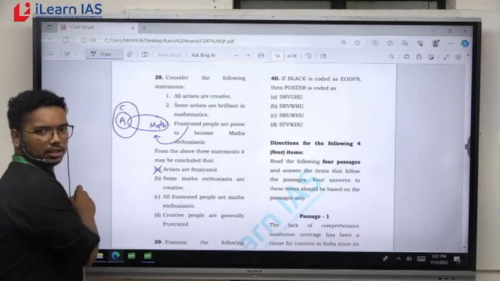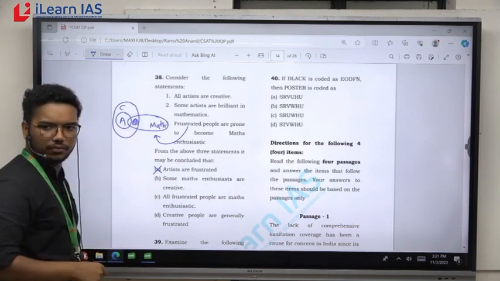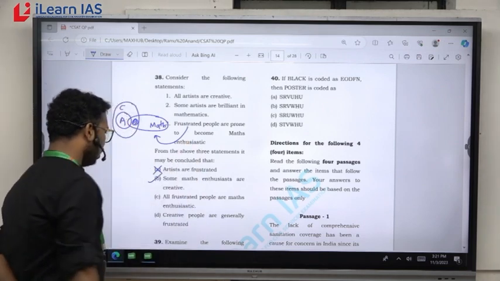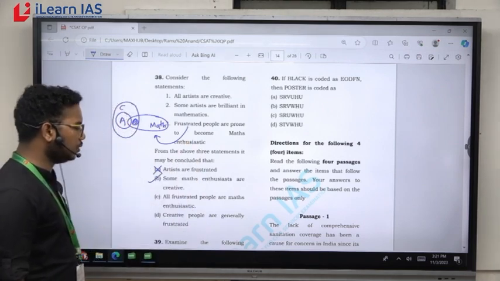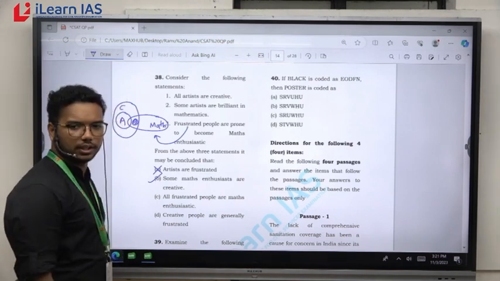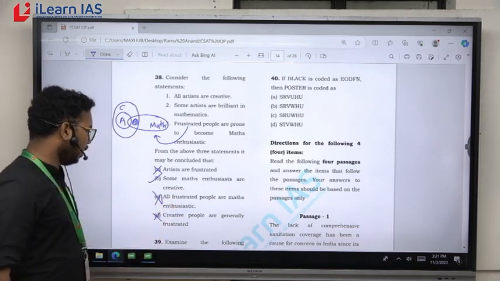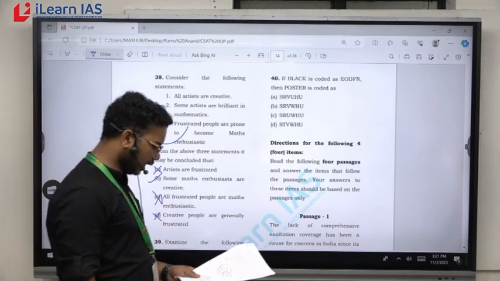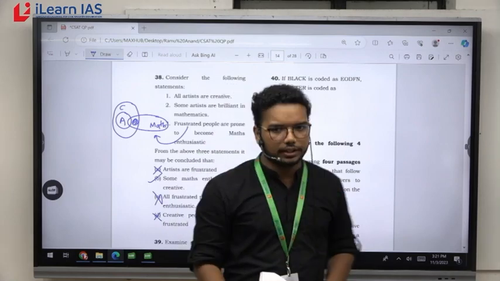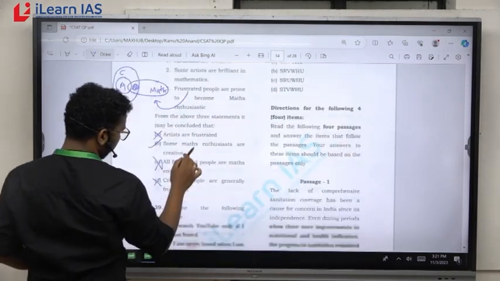See here, some math enthusiasts are creative. All frustrated people are math enthusiasts? No. Creative people are generally frustrated? Is any such relation stated? No. So the answer is B. Some math enthusiasts are creative.